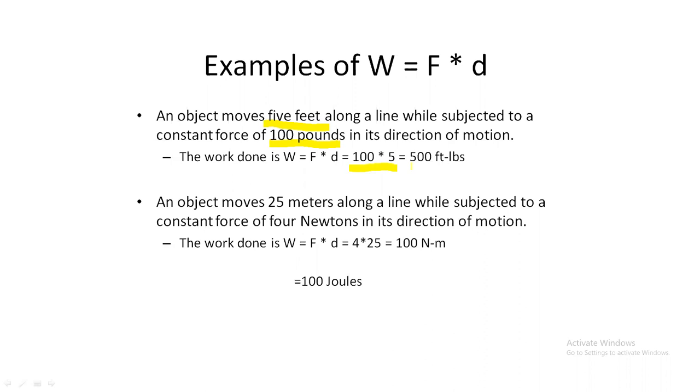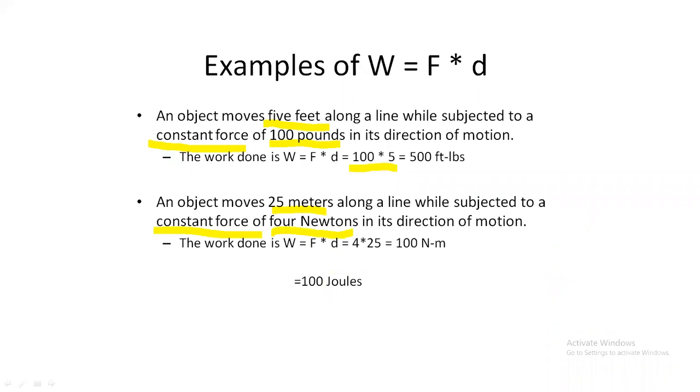Now, what if we have a sample problem using the SI set of units? Second problem: an object moves 25 meters along a line subjected to a constant force. Take note, class, that it's always specified that your force is constant. Here also, it's specified as constant force. So the displacement is 25 meters and the constant force is 4 newtons.